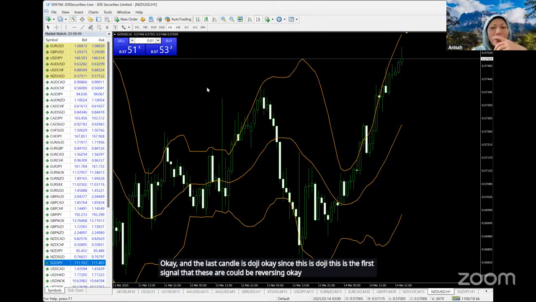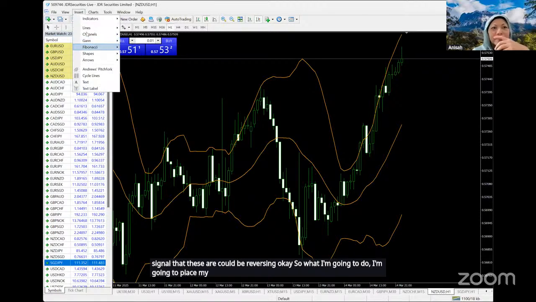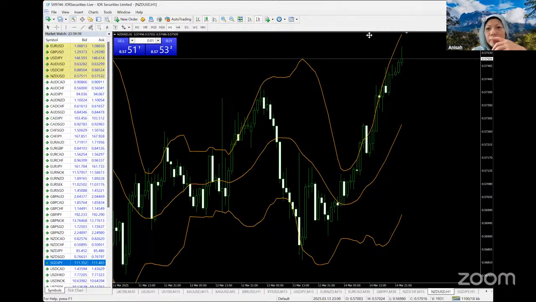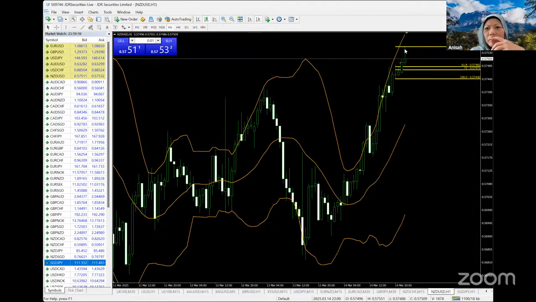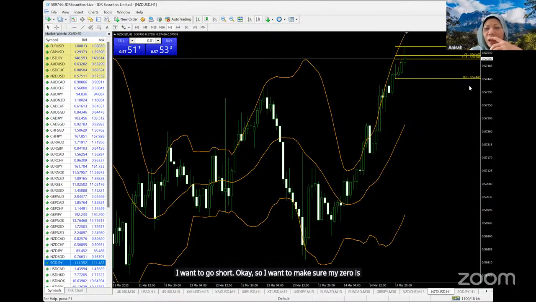So what I'm going to do is place my Fibonacci. Because I want to go short, I want to make sure my zero is at the bottom.